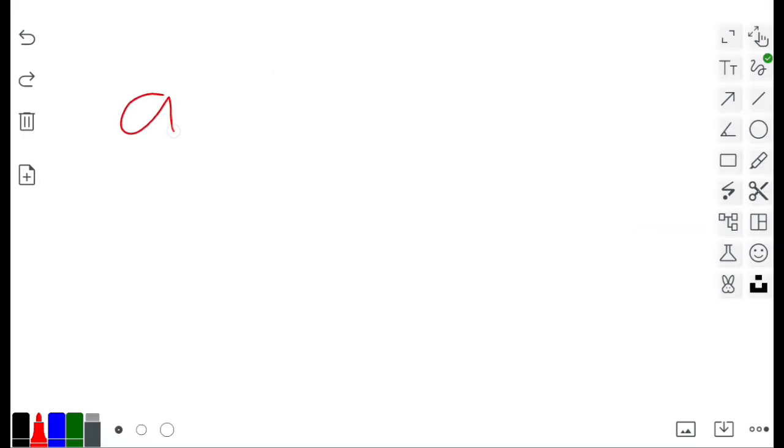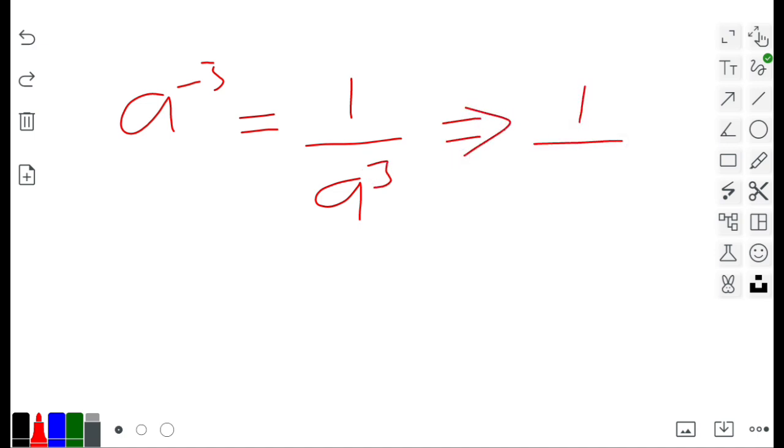If you have a raised to the power of minus 3, this can be expressed as 1 over a raised to power 3, and this implies 1 over a times a times a. That's what it implies. Now let's take a number.